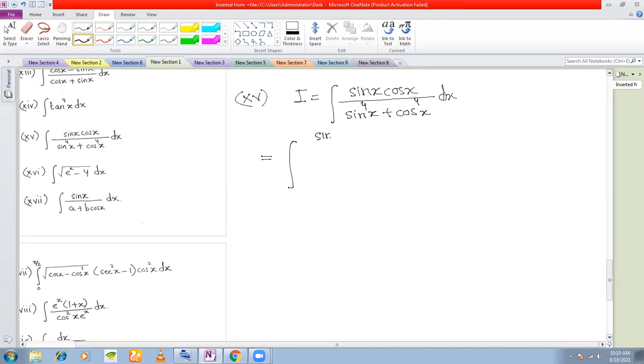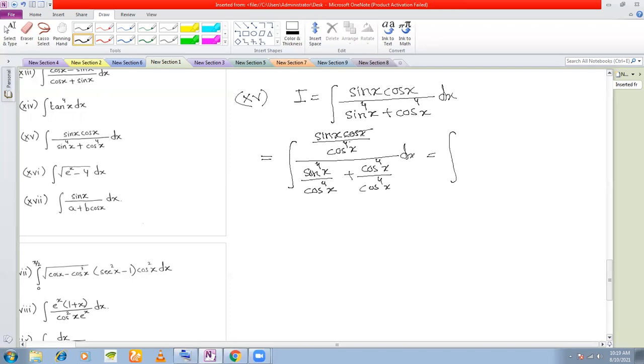See what happens if I divide sin x cos x by cos to the power of 4 x, divided by sin to the power of 4 x by cos to the power of 4 x plus cos to the power of 4 x by cos to the power of 4 x dx. What do I get?